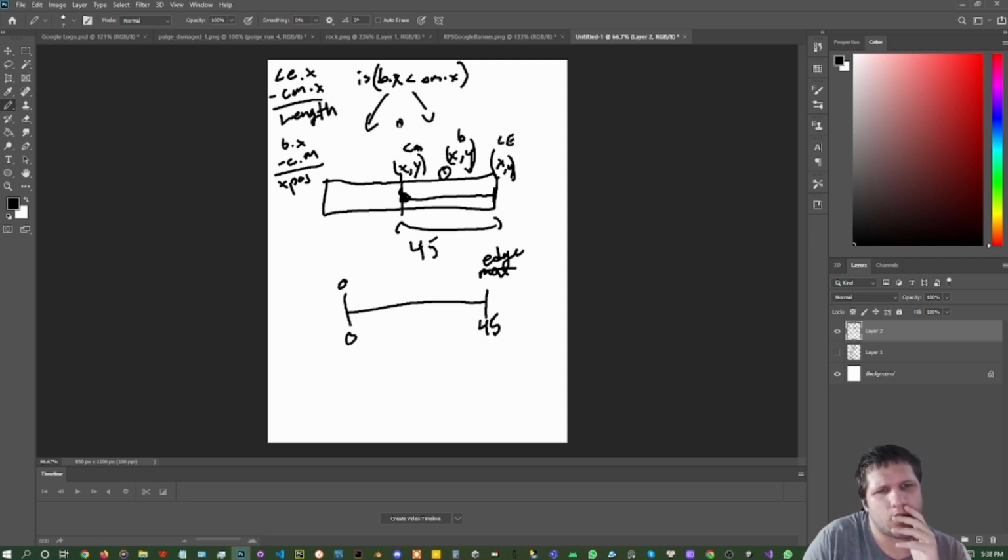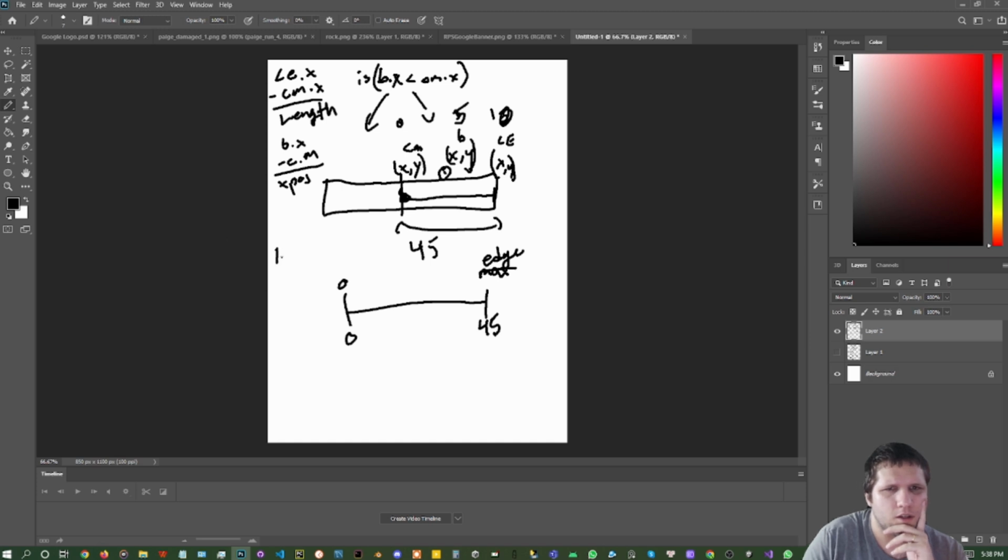Okay, so what if this was at world center, this was at 5, and this was at 3? So that would be, okay, let's make it a bit easier for us. This is 10, this is 5, and this is 0. So we would want 50% of 45.